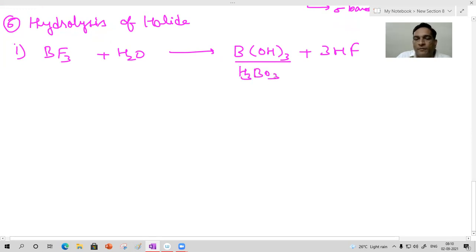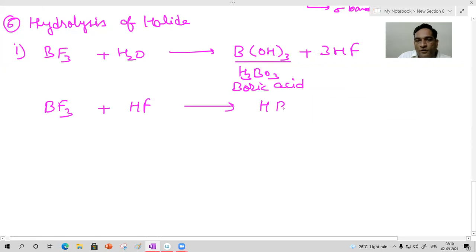H3BO3, boric acid. You have to remember and memorize all the properties of boric acid. Now again, BF3 plus HF reacts and gives HBF4 or BF4 minus.